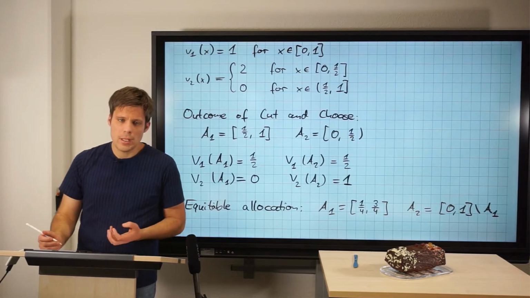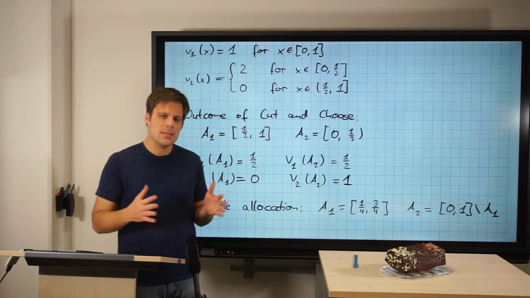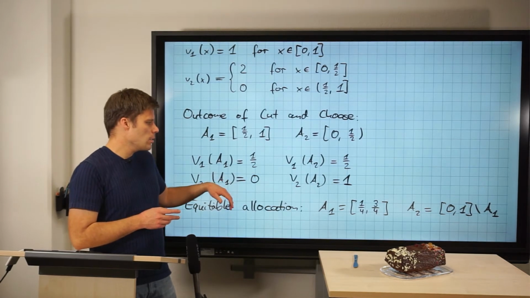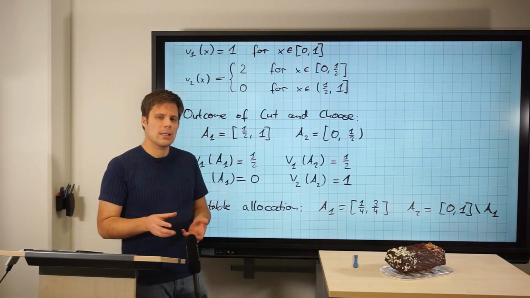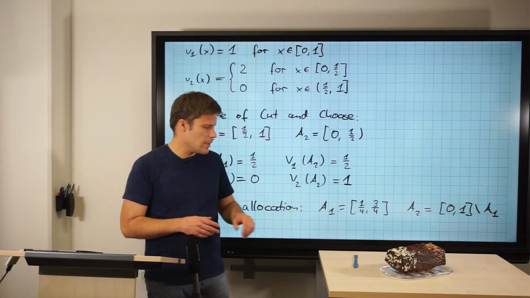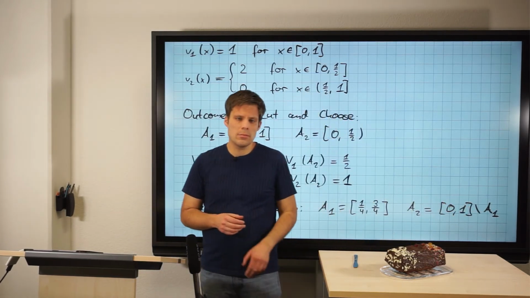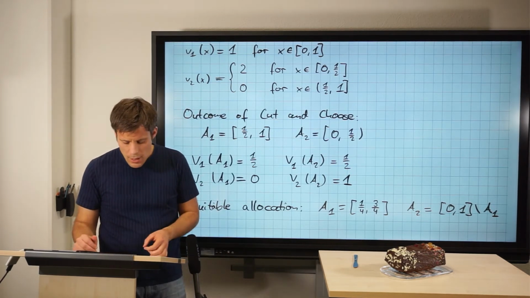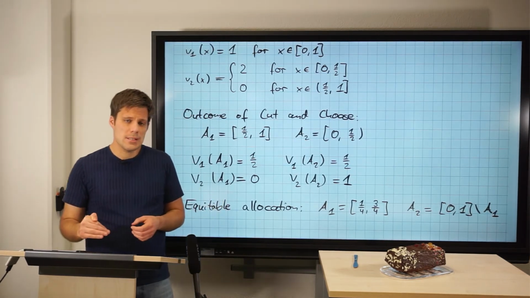This, of course, is not one piece as we might understand it. This is not a contiguous interval, what agent 2 is now getting. But you can now figure out that for agent 1, this has exactly value a half. For agent 2, this here also has value exactly a half. And the same is true for that other interval, just because overall it has to have a value of 1. So in this case, there is no contiguous equitable allocation, but there is an equitable allocation.